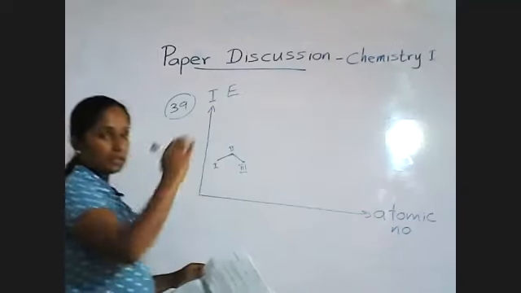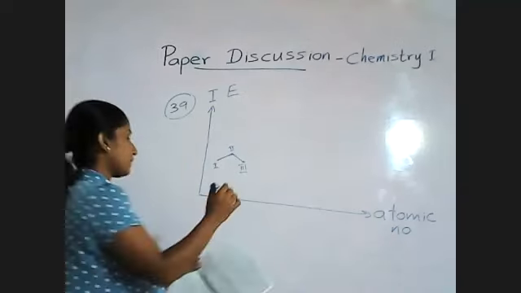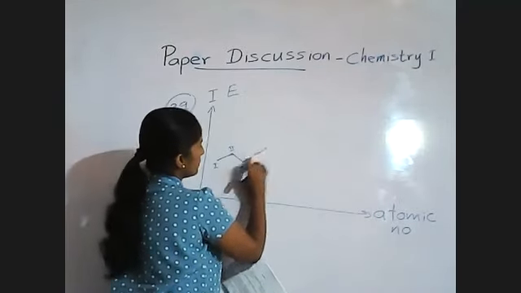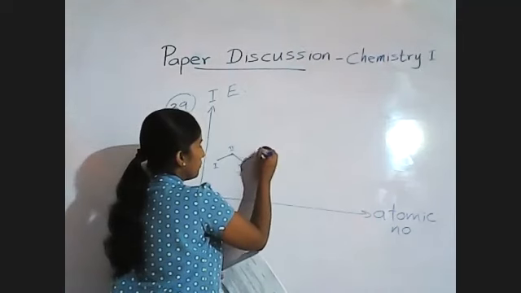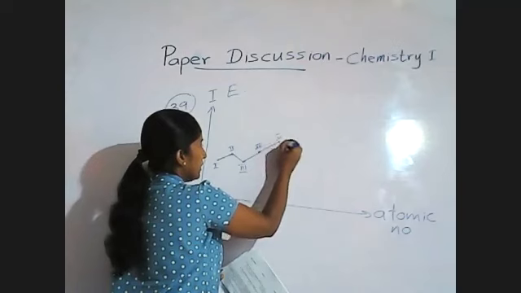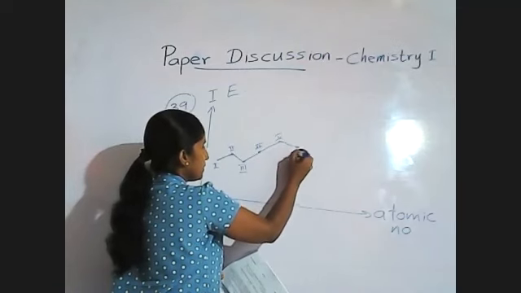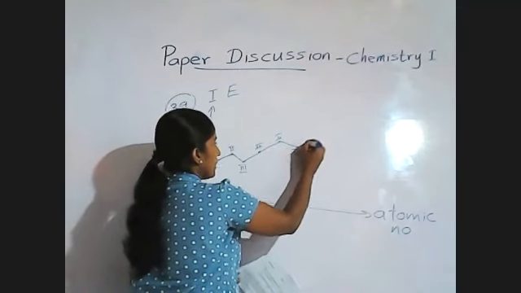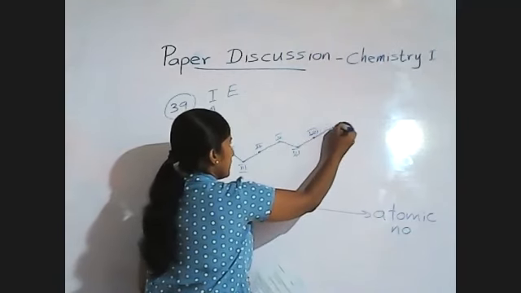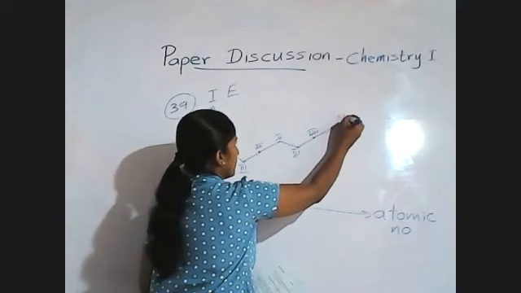This is okay for the second period and the third period. And then again it gradually increases. Then the fourth one here and the fifth one here. Again there's a small gap for the sixth one. And 7 here, and 8 here.